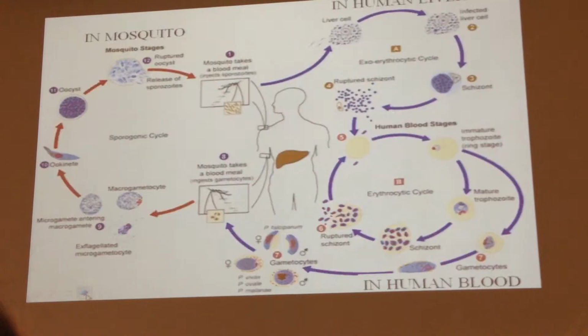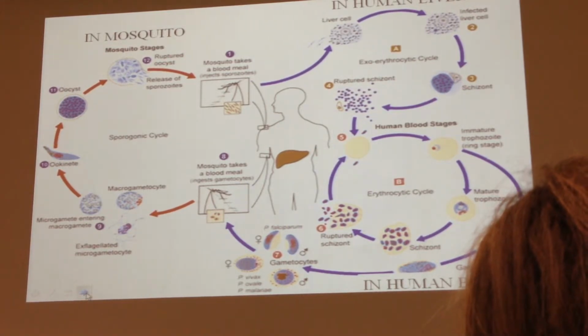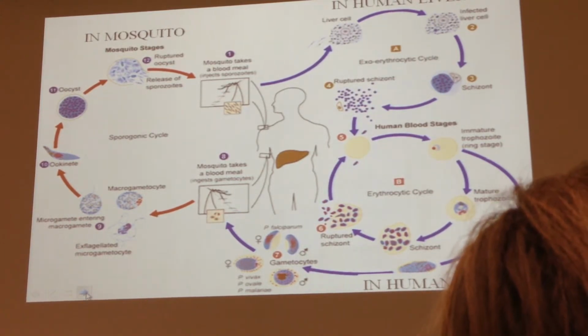Now the next slide is a very, very busy slide. All kinds of information, and you don't need to know all of this. What you should know is that the malaria organism lives inside mosquitoes and humans.